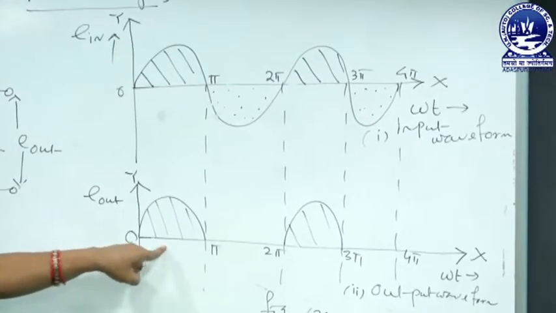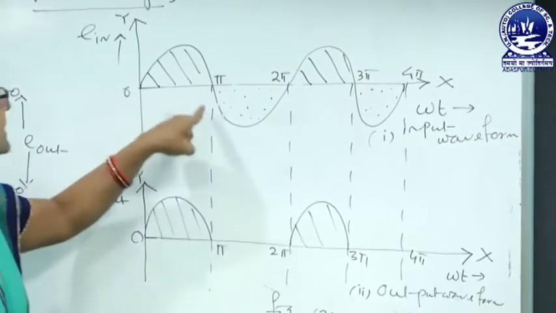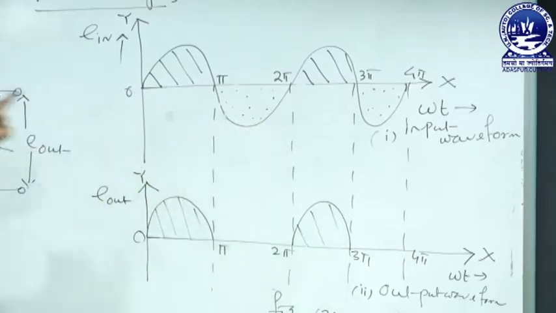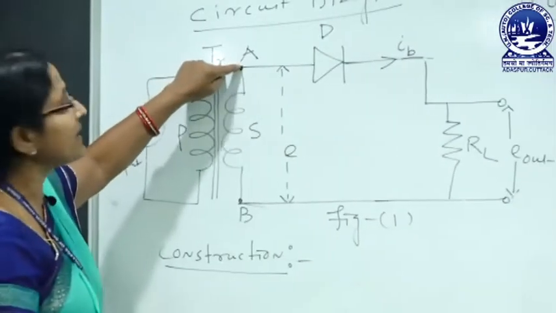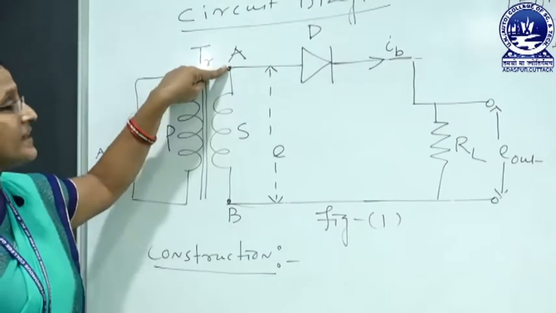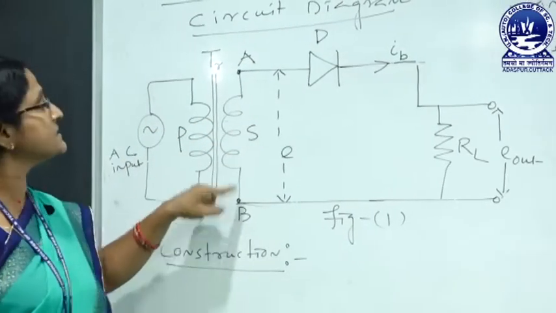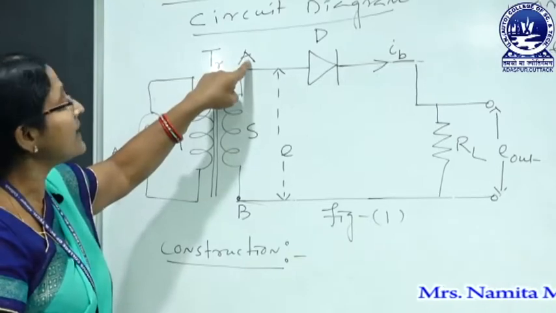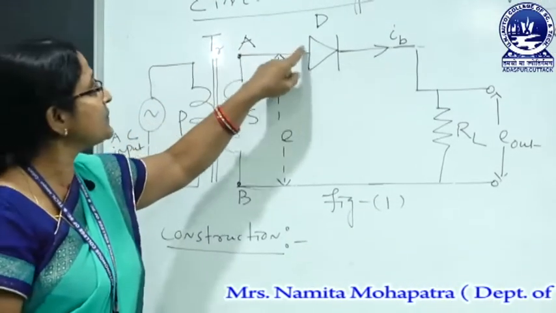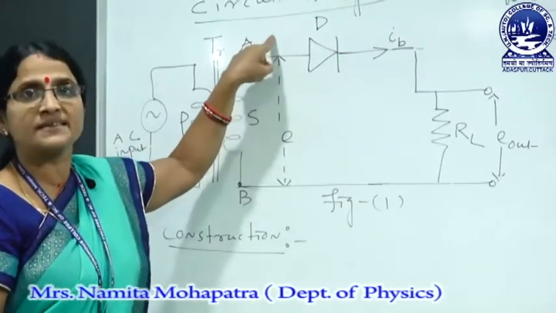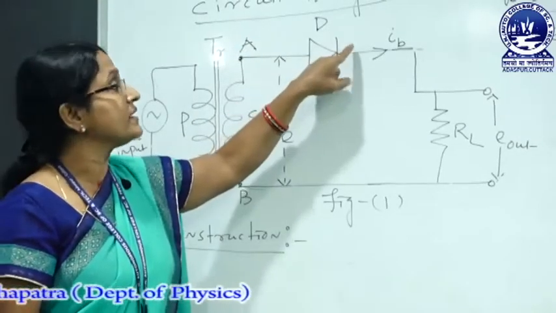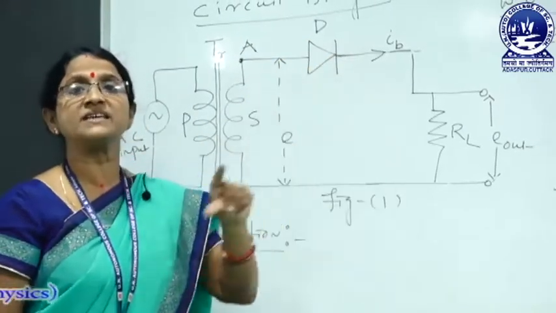Then what about the negative half, that means pi to 2 pi? We observe that the top end A of the secondary winding becomes lower potential with respect to end B. That is, point A is negative, that means the PN junction diode P is negative with respect to N. So this implies that the diode is reverse biased.